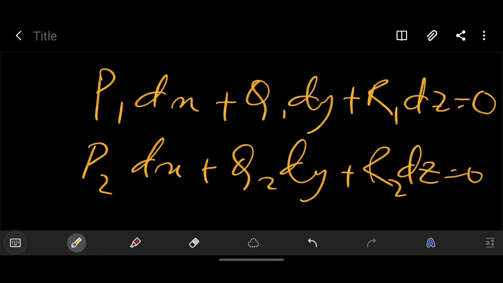So a simultaneous equation of this type. How do we solve these?